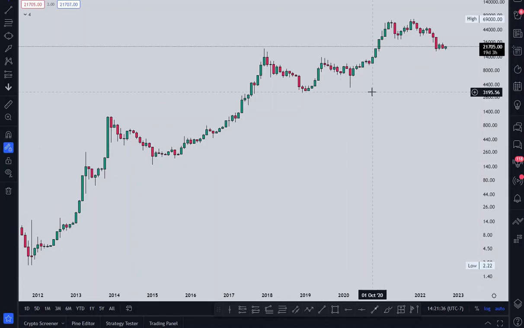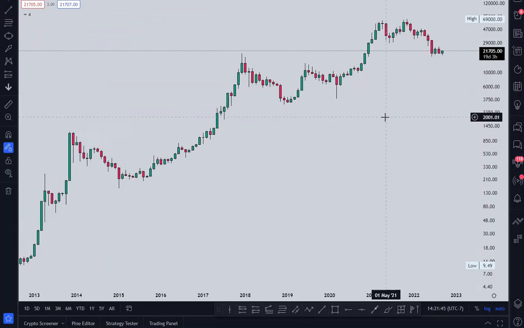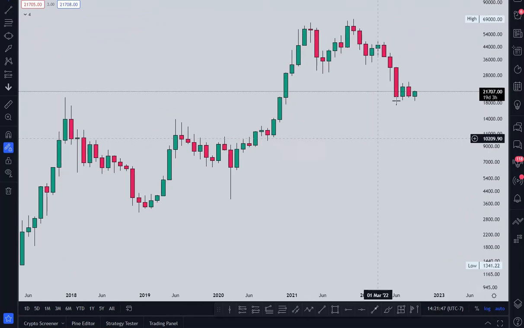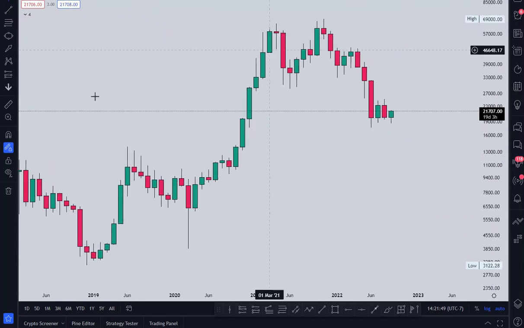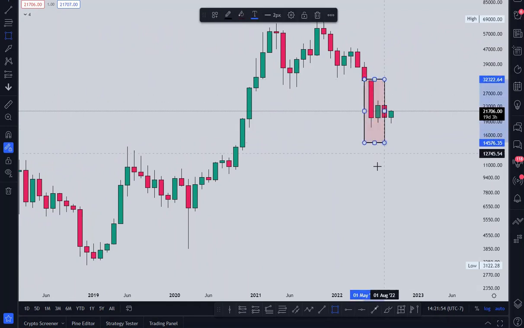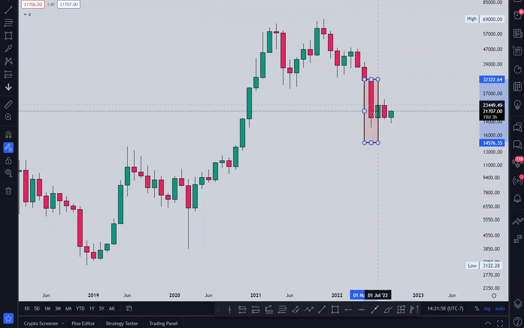Here, this is a Bitcoin chart, and this is the monthly time frame. So let's start with the monthly time frame to see whether we can find this pattern or not. As you can see here, this is a long candle, but the lower shadow is a little bit longer than what we expect to see to say it is a Marubozu.